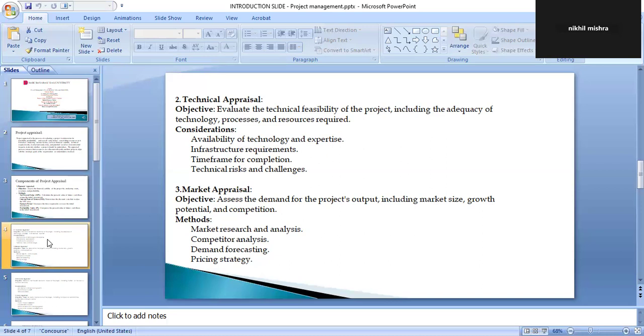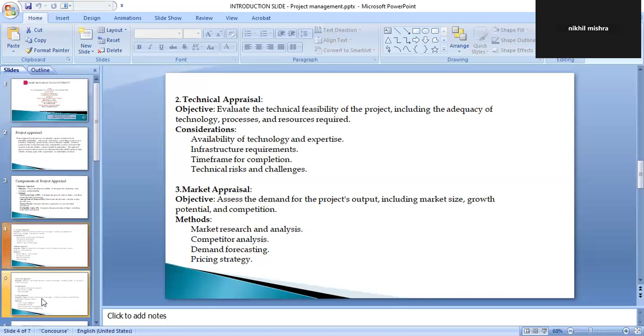Various methods for appraising the project on this parameter are market research and analysis, competitor analysis, demand forecasting, and pricing strategy. Which strategy should be followed to introduce the project's output into the market is part of market appraisal, which checks the market viability of the project, whether it is viable on this parameter or not.